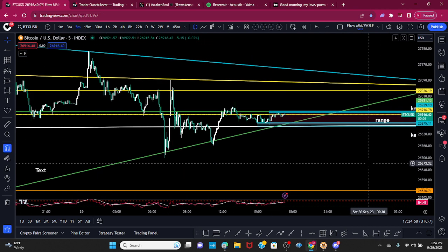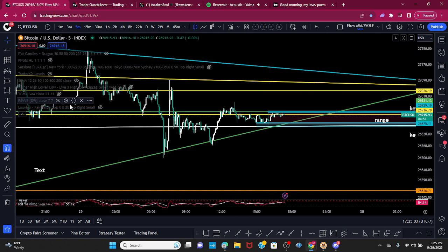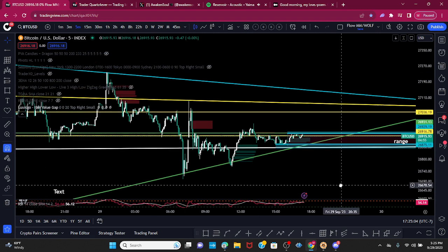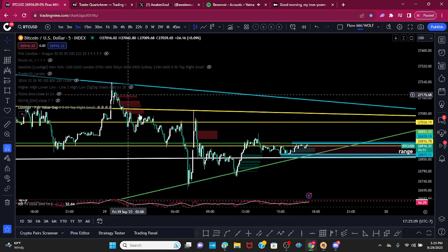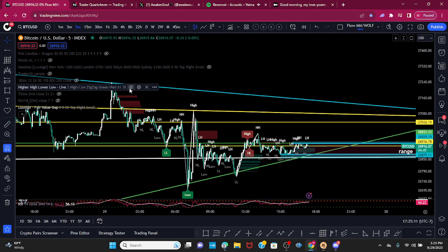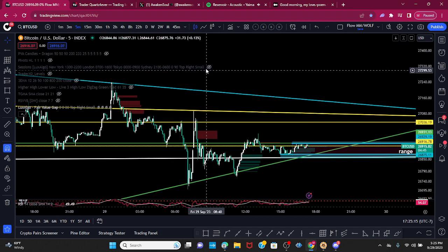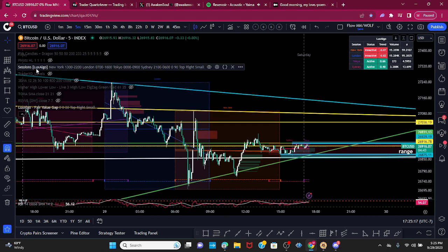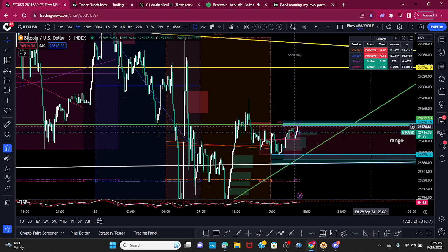Understand that this is a liquidity game. Where is my fair value gap? There's a lot of imbalances above here, so they might recover them. I also like to use the Sessions New York, and that's just giving me that confluence that I need.